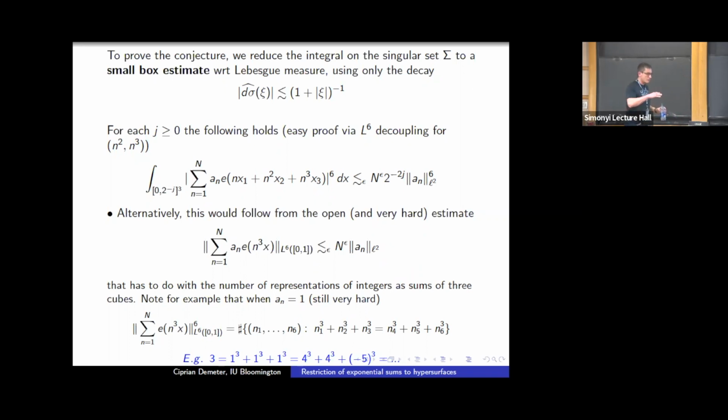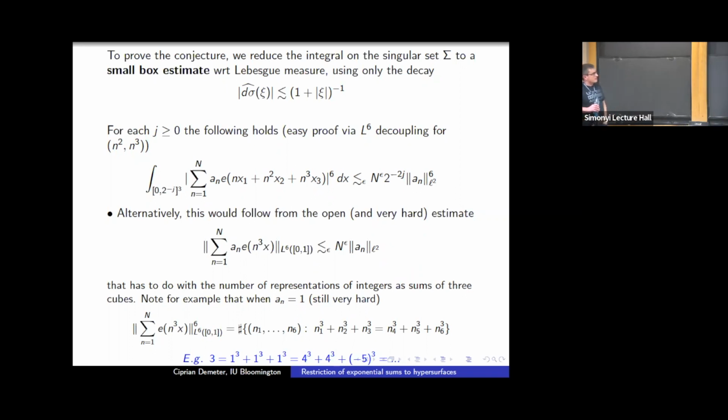Essentially you use the Fourier transform, you analyze the Fourier transform of the measure, and you say, I'm happy with using just how rapidly the measure decays without using the oscillatory part. Then if you Fourier invert back, you come to the spatial side again. The next thing you know, you no longer integrate on a singular manifold, you integrate now on a cube. We call that a box estimate.